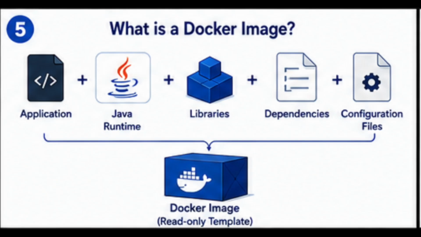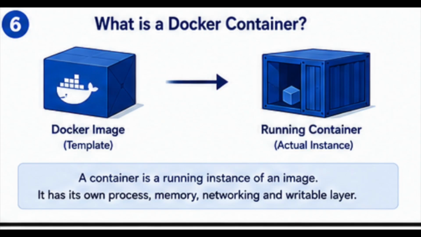Its purpose is to act as a reusable template for creating containers. A Docker container is a running instance of an image. When you execute the docker run command, Docker creates a container from the image and starts it. The container has its own process, memory, networking, and writable layer. This is the component that actually runs your application.